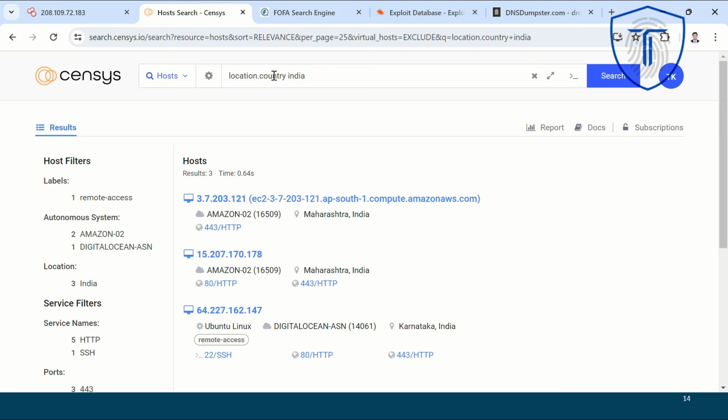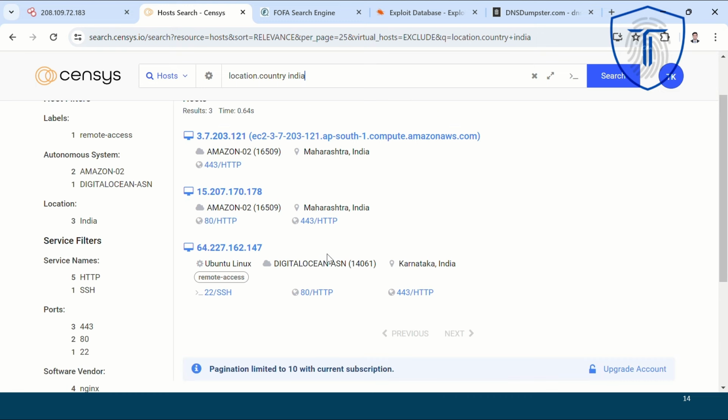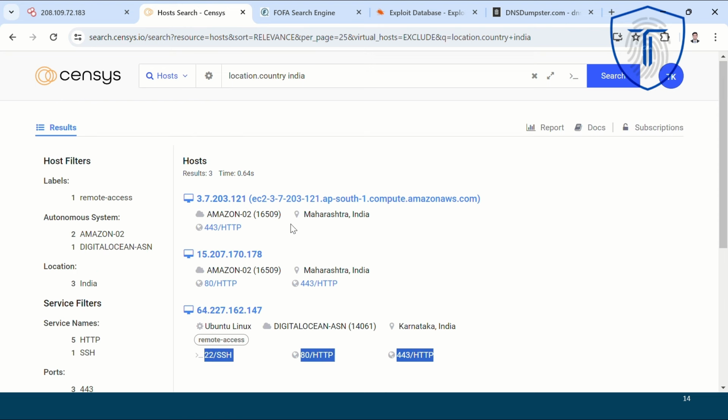Yes, we got the IP regarding Amazon in Maharashtra, and an IP running Ubuntu with open ports in Karnataka.